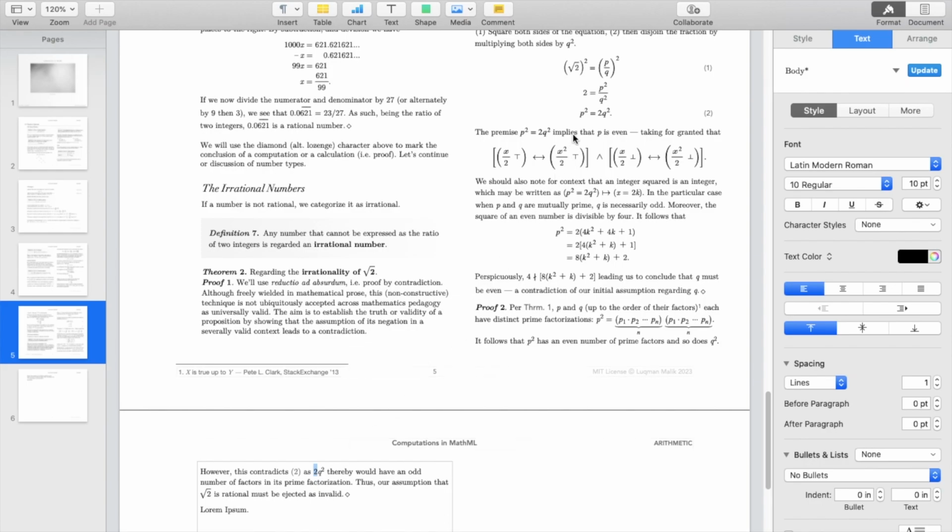Well, given our previous assumptions, P squared would also have this guy in there. Contradiction. So 2Q squared would thereby have an odd number of factors in its prime factorization. That's our assumption that the square root of 2 is rational, must be rejected as invalid.